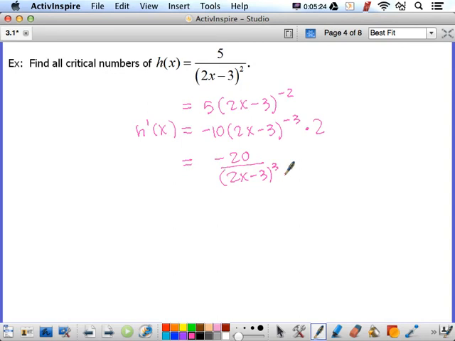So there's my derivative. In order to find the critical numbers, you simply take the top and bottom and set it equal to 0. Now the top doesn't produce any, so we have no solution here, so we don't get any critical numbers from the numerator. That also means that there are no horizontal tangent lines, so there are probably no turning points, like a vertex or anything like that.